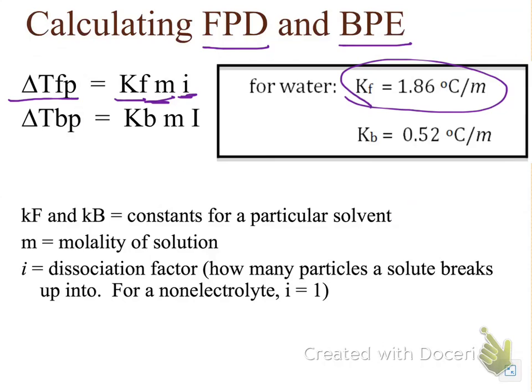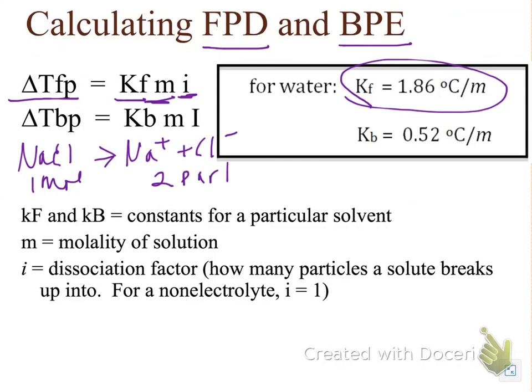Now i is the dissociation constant. So if I have NaCl and I have 1 mole of that, it's a question of how many particles I make. So I'd make an Na+ and a Cl−. So for every one of these I get 2 particles. If I had, let's say, magnesium chloride, I would end up with a Mg2+ and 2 Cl−, so I would have 3 particles, so i would be 3.